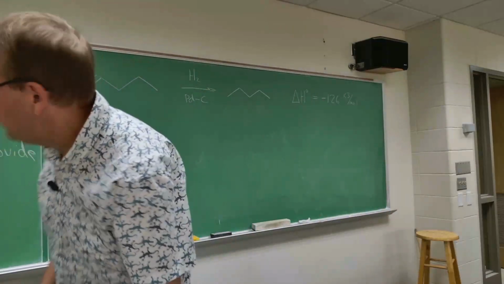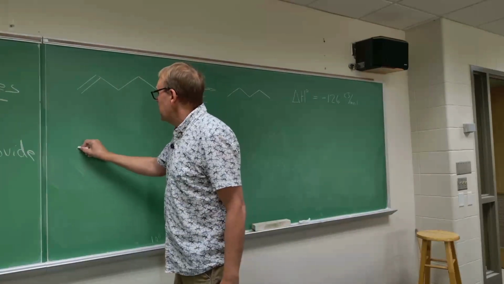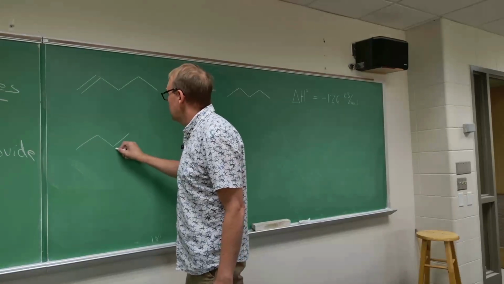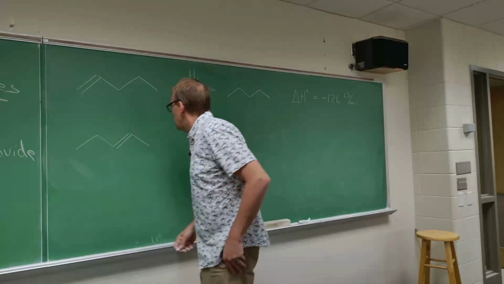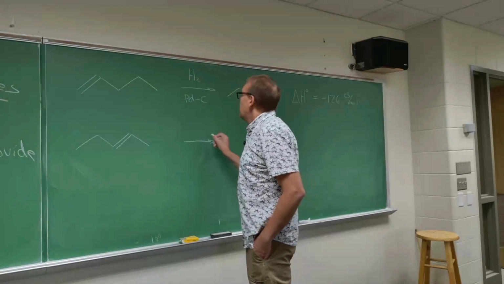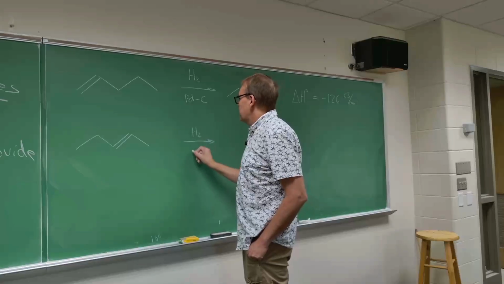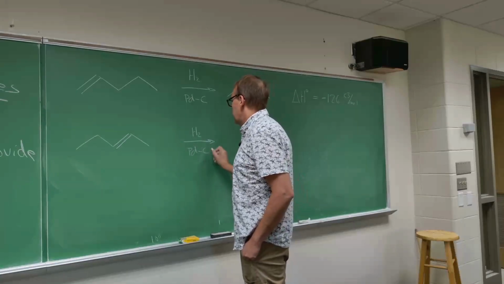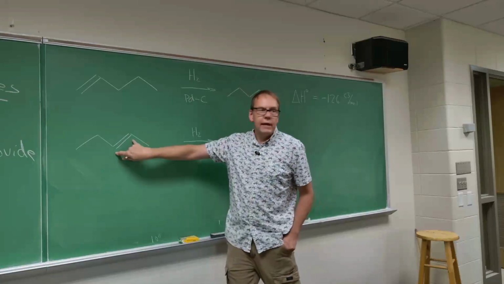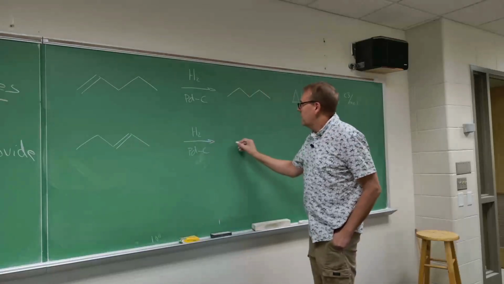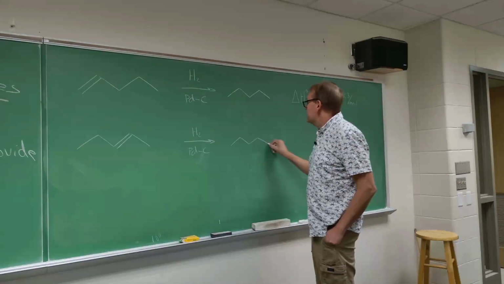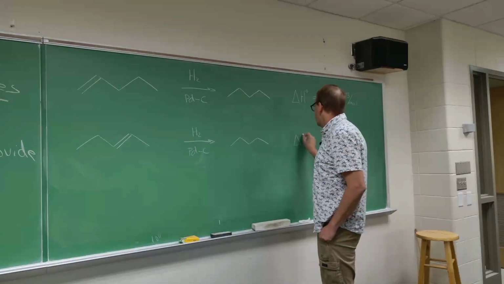Here is another alkene. And if you put hydrogen and palladium on carbon in with this one, it adds across that double bond. And you get the same alkane in this case. And there's a delta H value.